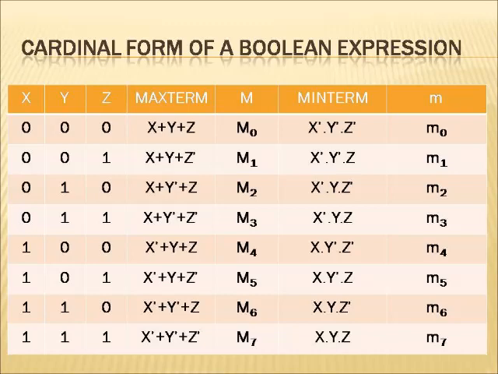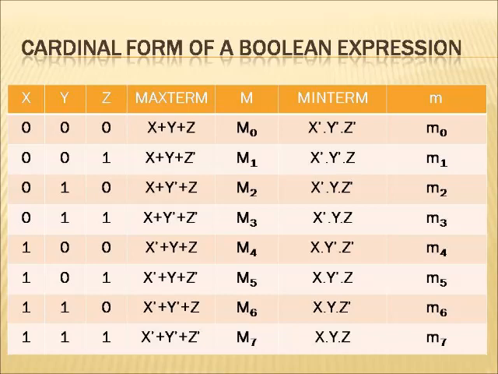Now see, here I am using some notations. We have already seen that we use the uppercase M for representing a maxterm and lowercase m for representing a minterm, right? So here you can see that for the first maxterm, that is x is equal to 0, y is equal to 0 and z is equal to 0, we are representing it with uppercase M0.